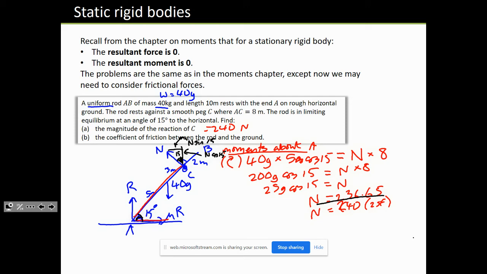So let's think about horizontal first. Horizontally, we have mu R is equal to N sine 15. Now N times sine 15, I can just do that straight on my calculator. It's 61.25.